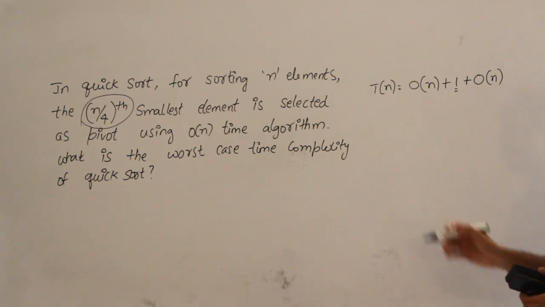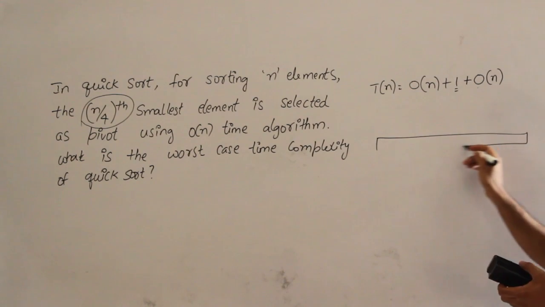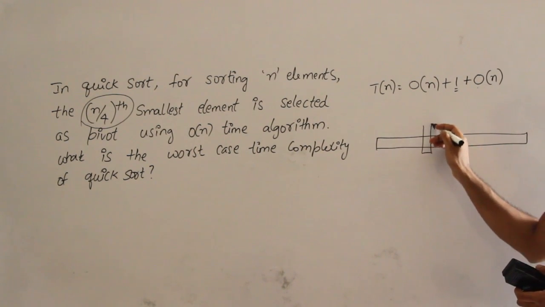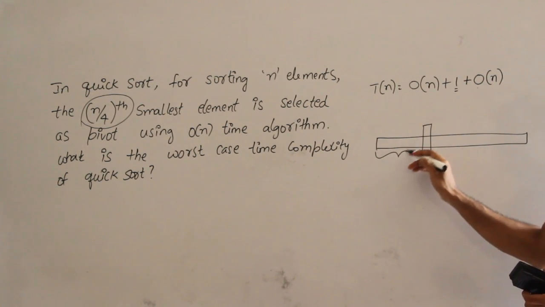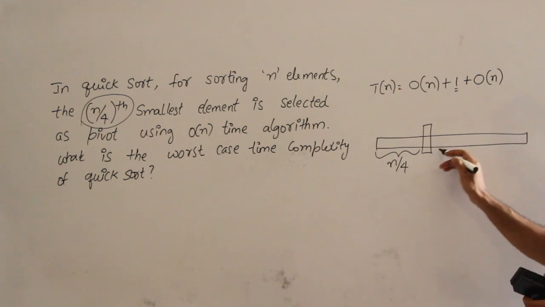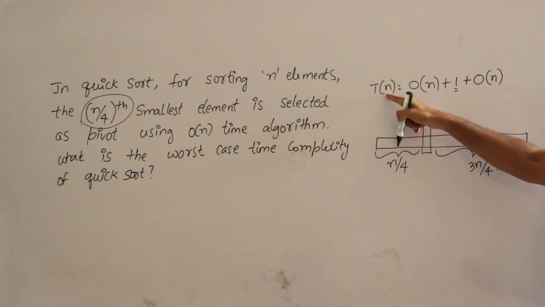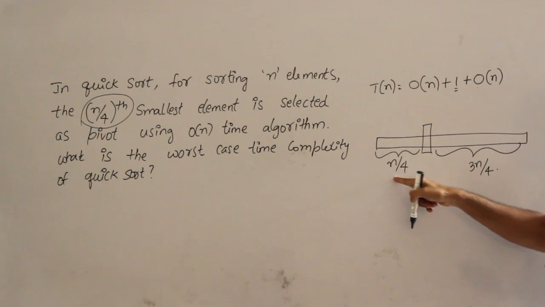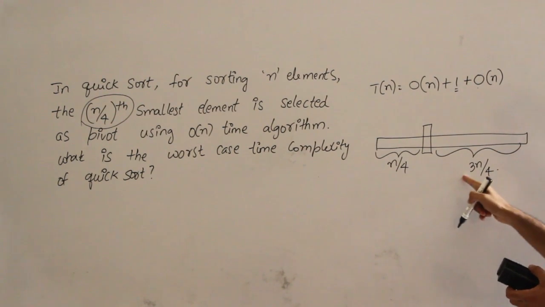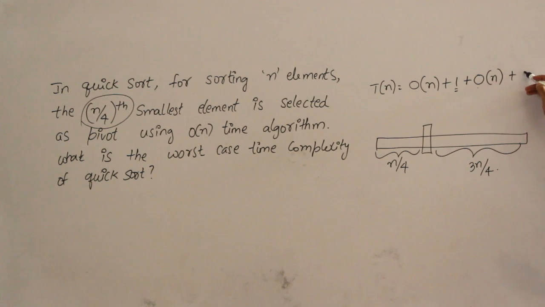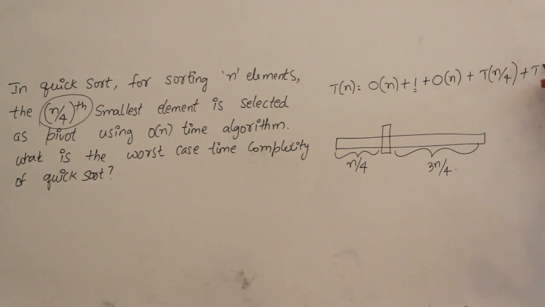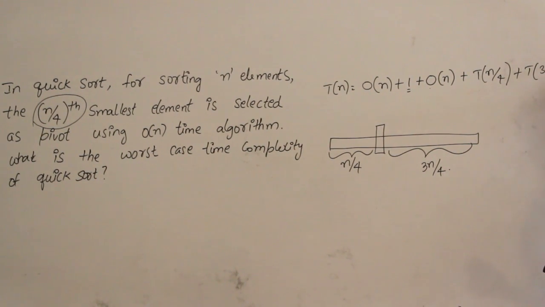After my partitioning algorithm, the pivot sits exactly at its position, and to the left of it there will be nearly n by 4 elements, and to the right of it nearly 3n by 4 elements, right? Therefore the problem with n elements is resolved into two problems, one of size n by 4 and the other of size 3n by 4, which means T of n by 4 and T of 3n by 4.